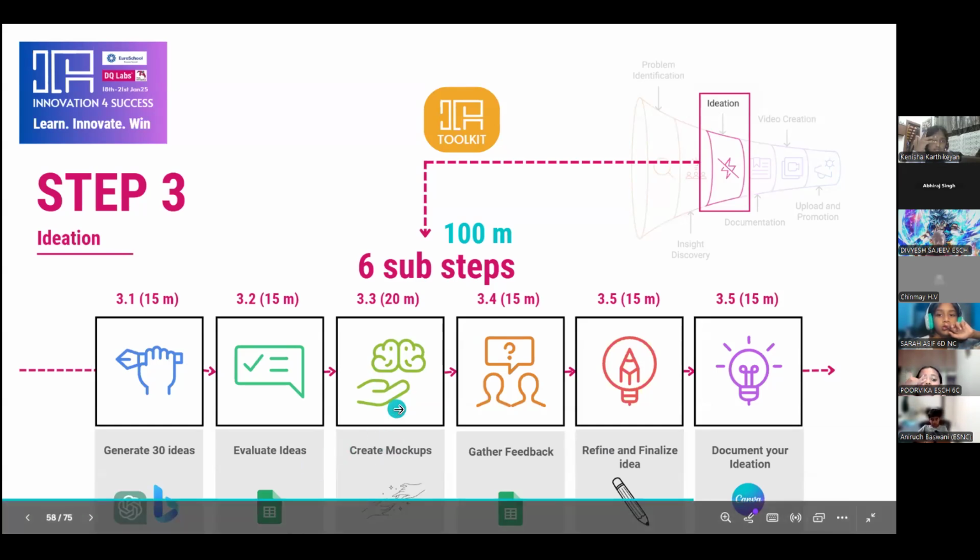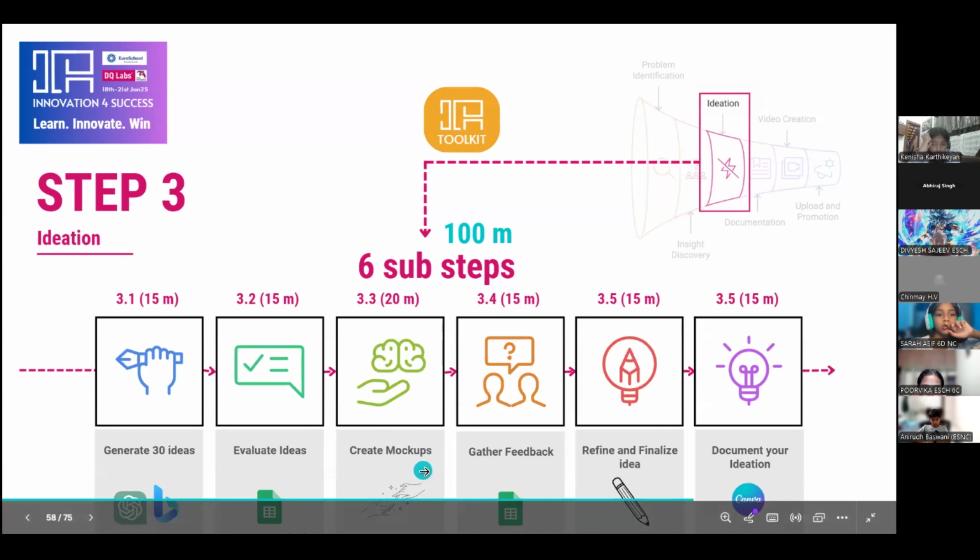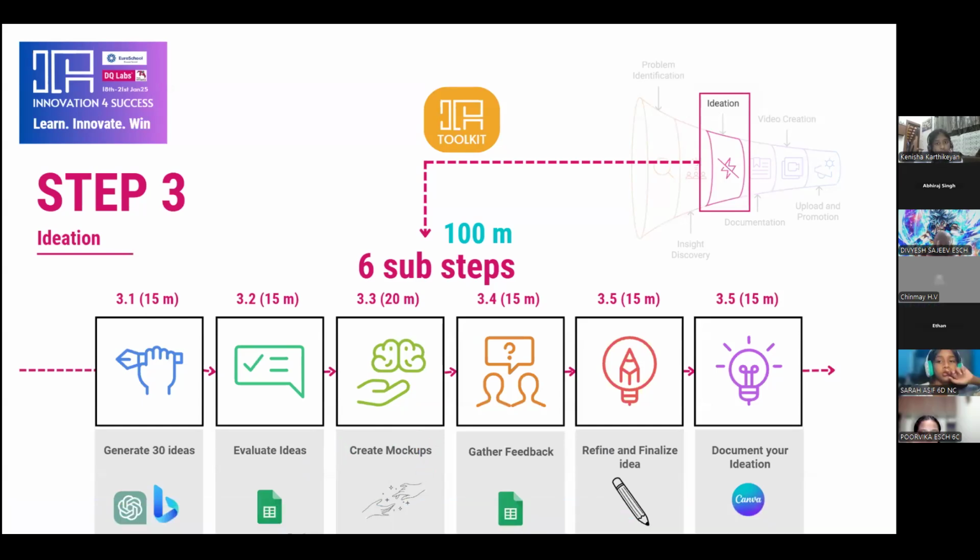The next step is one of the most interesting steps here, where you can experiment a lot, and that is to create mockups. What I mean by mockups is you could create small models out of maybe paper or any rough material that you have lying around, to understand why you think a particular idea is the best.